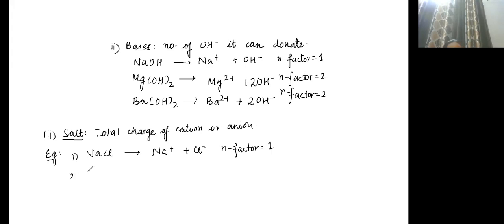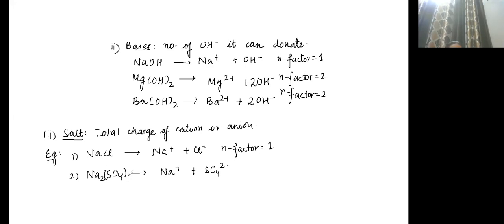Next, Na2SO4. How will you split Na2SO4? Na will be plus and SO4 will be 2 minus. So Na plus, SO4 2 minus, cross multiply.